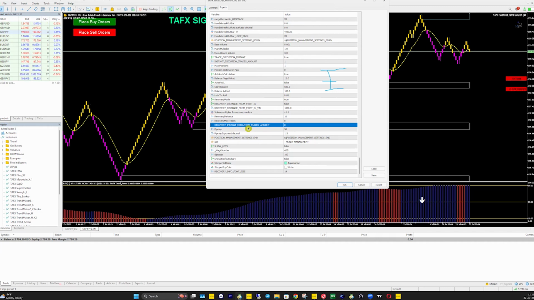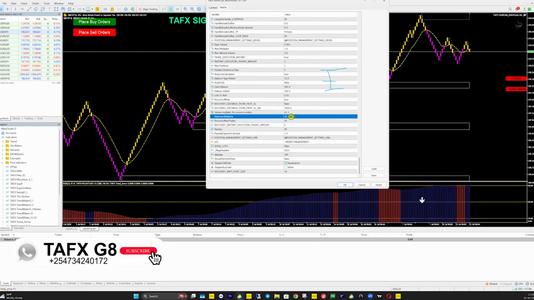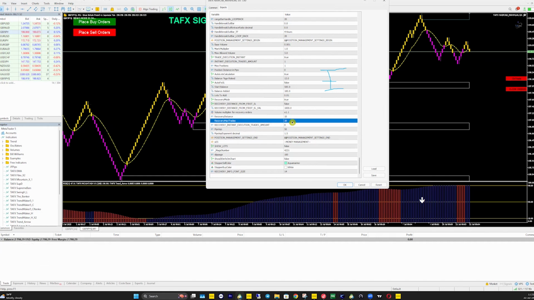We want it to take 8 trades at once, yet our maximum trades are 8. So if I set here, let's say, for example, 20, this means it will enter 8 trades at once, and after another distance of 10 pips, it will enter another 8 trades at once.